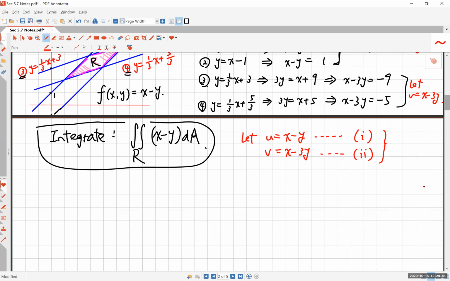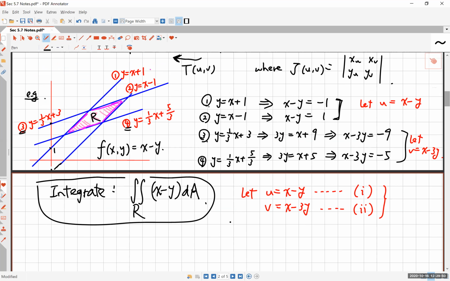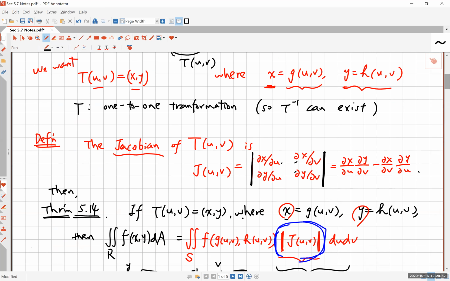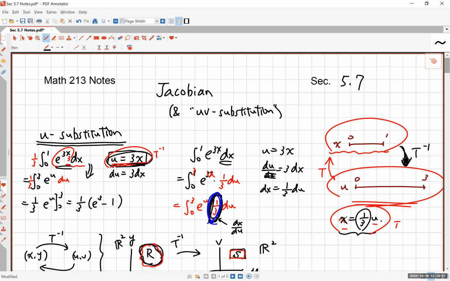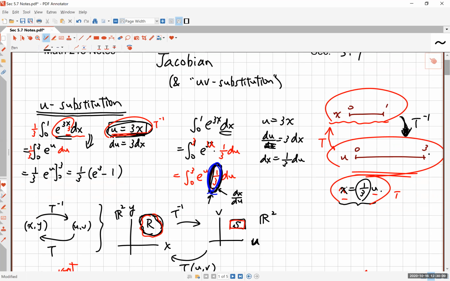All right, so in order to find the Jacobian appropriate for this, this is very much like what we did at the beginning. I decided let u be 3x, but what I really needed was to find x in terms of u, right? See here, you see that x is 1/3 u, and then the derivative of that is what we need for the Jacobian.